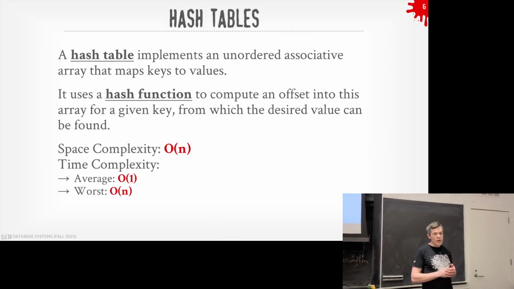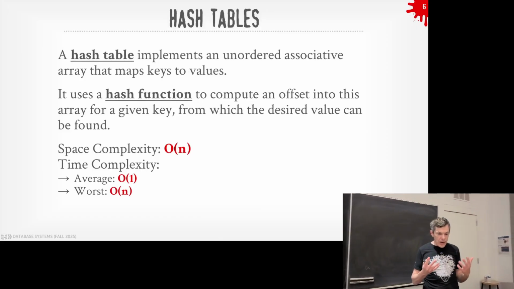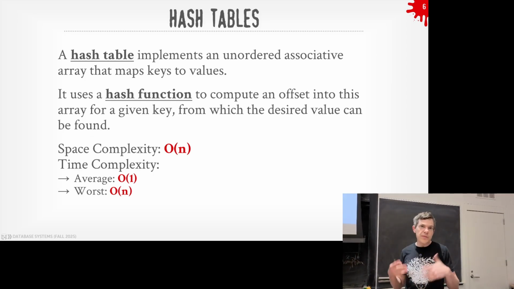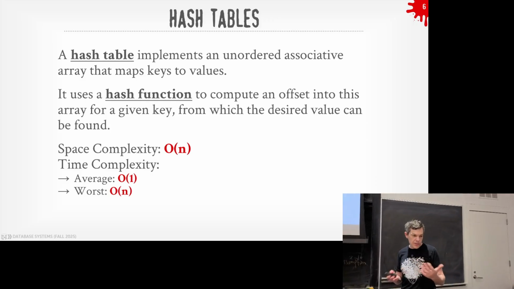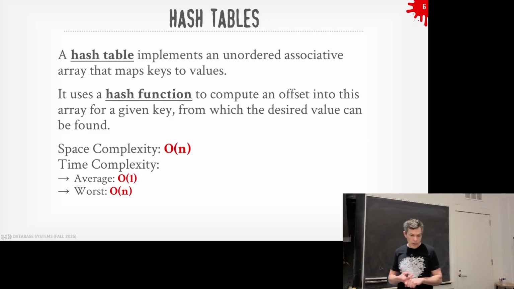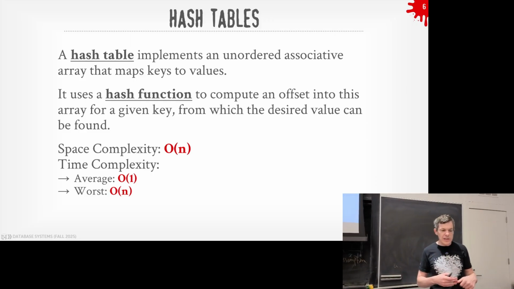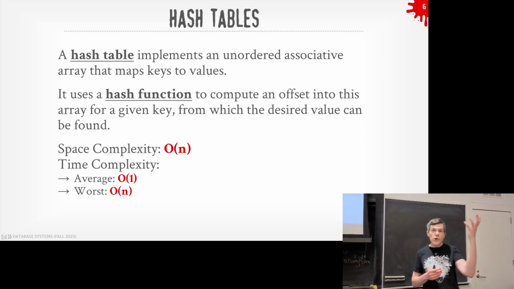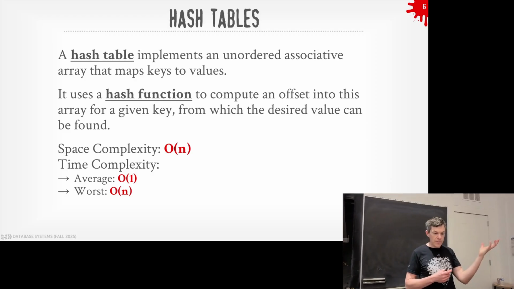All right, so like I said, the data structure we're going to focus on today is hash tables. Everyone should have taken basic CS classes that described this before, so nothing I'm saying here should be widely new to anyone. It's basically an unordered associative array that allows us to map arbitrary keys to arbitrary values.